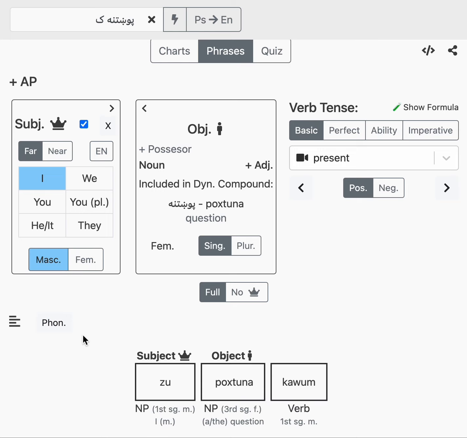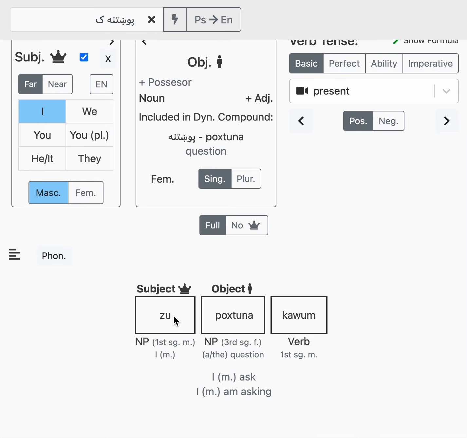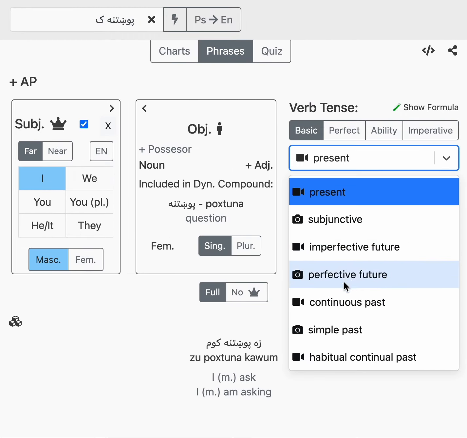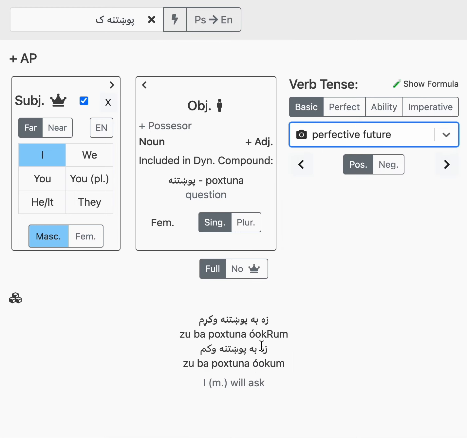So if we look at the blocks here, we can see that we have an NP for the subject, we have an NP for the object, and that NP is brought in. It's the object that comes along with this dynamic verb, and there's our auxiliary verb, kawal. So zapuchtina kawam. If we change the tense, let's say a perfective future, zabapuchtina ukam or ukram, then we're just using the perfective future of that auxiliary verb, and then we're using the object as puchtina.